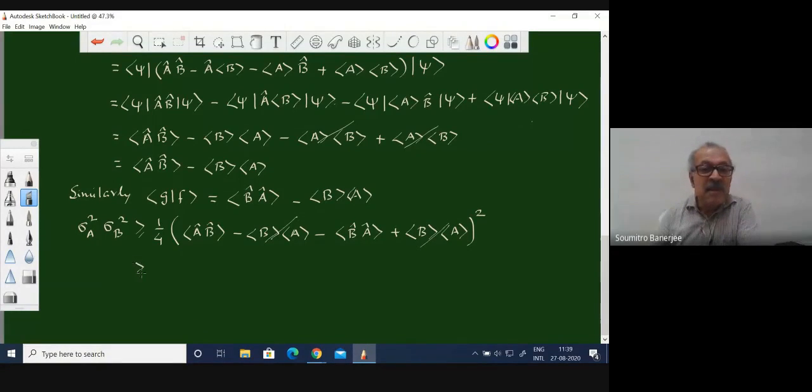So this becomes greater than or equal to 1/4 of simply a b minus b a, square. Okay, now I need a little space. I'll just get some.